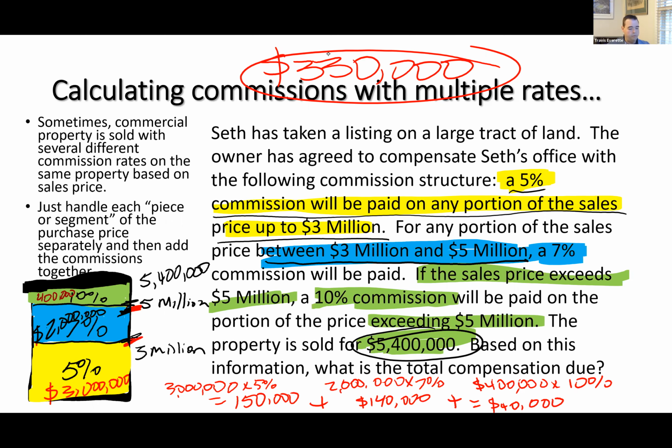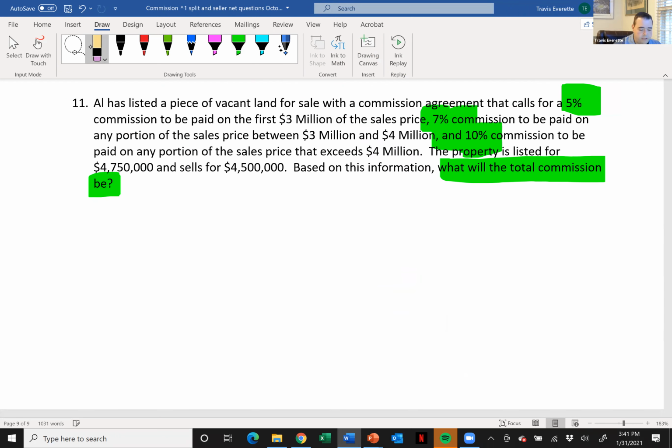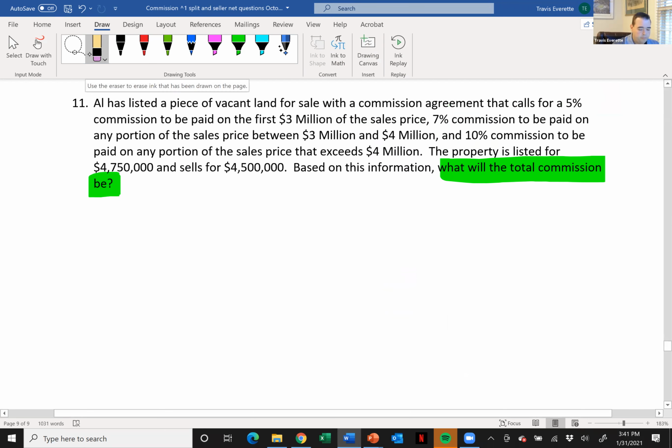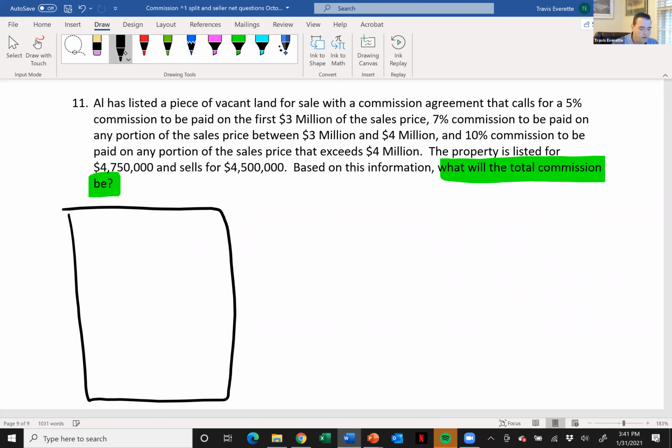So let's look at the one that was over on our worksheet. I'm going to erase these highlights real quickly and just leave the question highlighted. What will the total commission be? Okay. So look, I'm going to draw my same visual picture again. Here's my visual of the transaction, and it says it sells for $4,500,000.